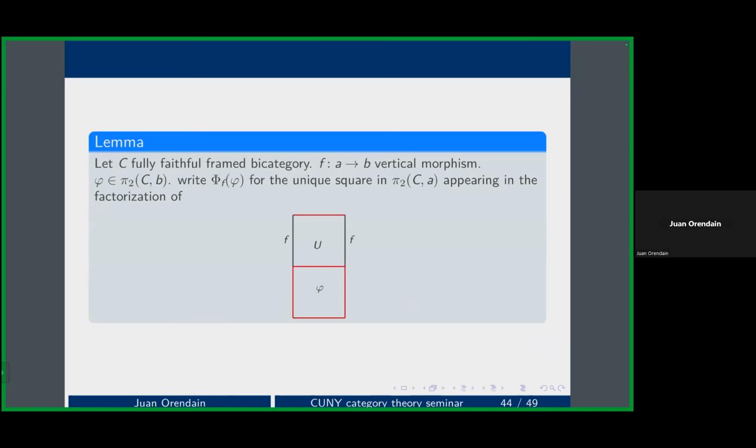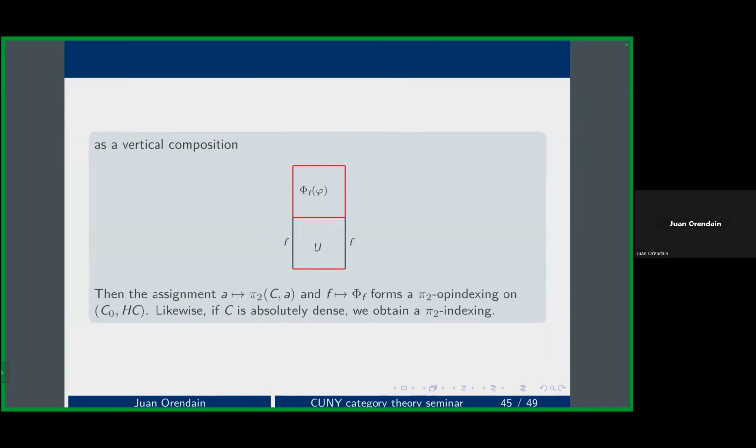We have F, the morphism from A to B, a vertical morphism, so we consider the horizontal identity on F, and then phi, a red boundary square on the codomain of F. Since we're assuming that C is fully faithful, the Cartesian condition, the fact that the horizontal identity on F is Cartesian, will give us a unique decomposition of this square as the horizontal identity of F followed by another red boundary square, which we'll call phi F of phi.